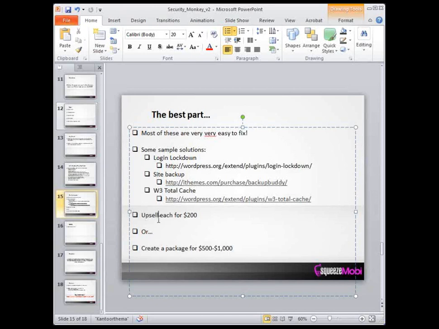So once again, Login Lockdown, free download, adds an extra level of security. Site backup, you have to pay for that, which gives an excuse also to have the client pay for it. W3 Total Cache makes the site faster. I'm not going to go into each one of these specifically, but I gave you the links.